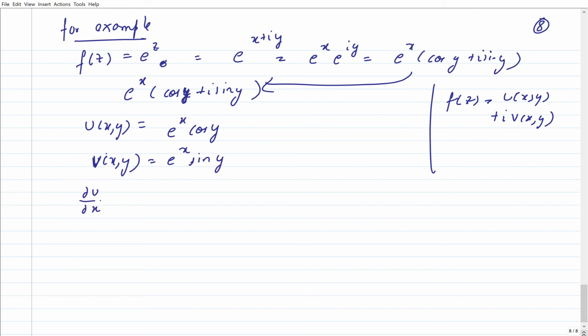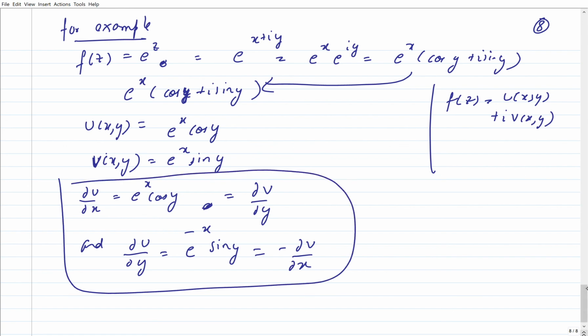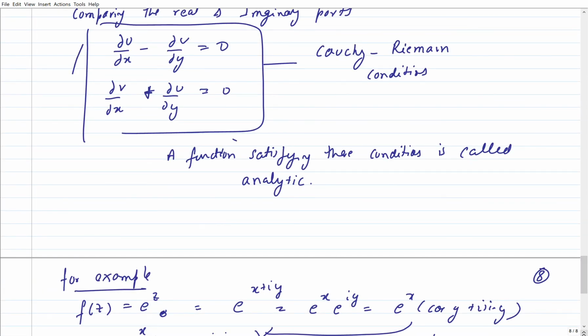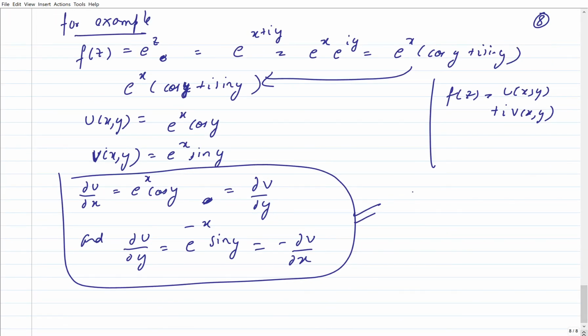So the partial derivative of u with respect to x is e^x cosine y, and the partial derivative of v with respect to y is exactly the same. And similarly, the partial derivative of u with respect to y, if you evaluate, turns out to be the negative of the partial derivative of v with respect to x. So these conditions which we started with are indeed met over here. So this function is analytic.